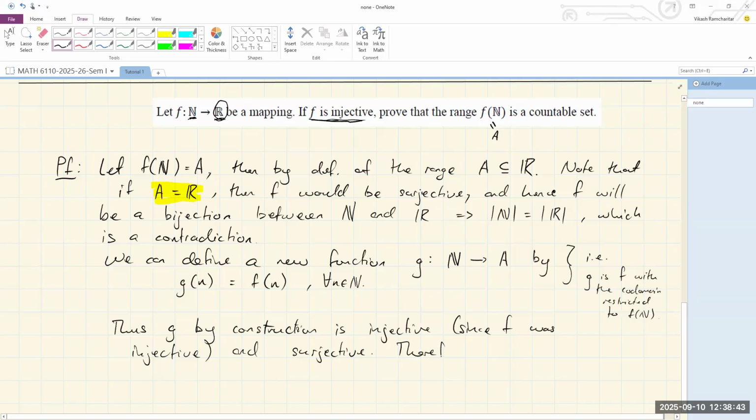So therefore, g is bijective, which implies that the cardinality of its domain is equal to the cardinality of its codomain. In this case, it's A. But what was A? A was f of N, the range of f. So the set is countable.